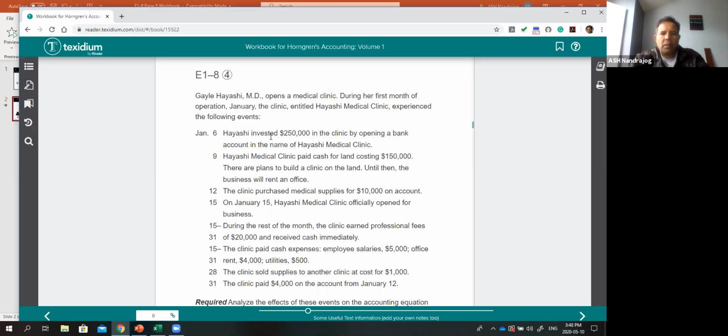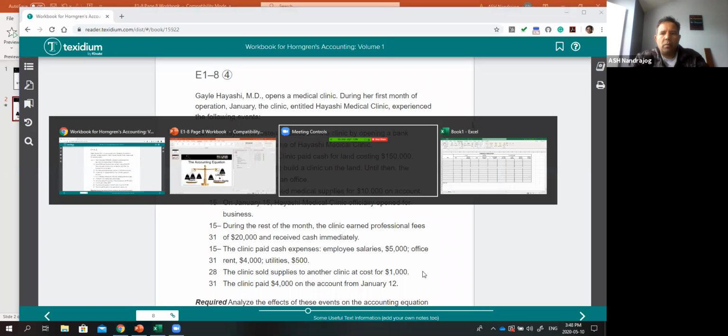So they have given us a series of events which we have to analyze, and we have to write them in the accounting equation and see how those events will affect the elements of the accounting equation. Before we look at the events, let's look at the worksheet.